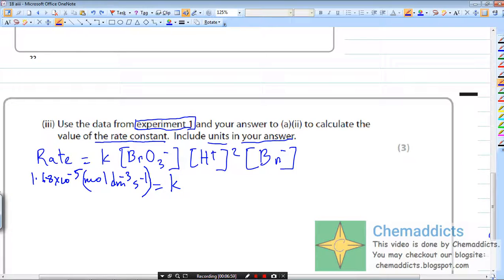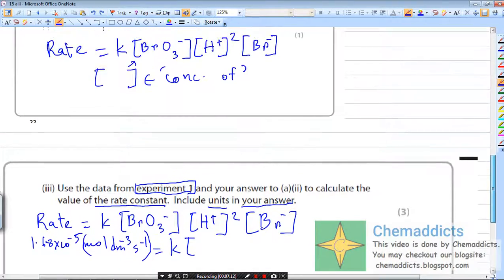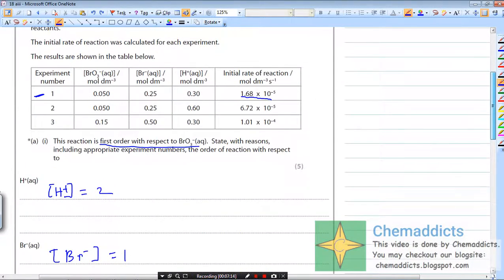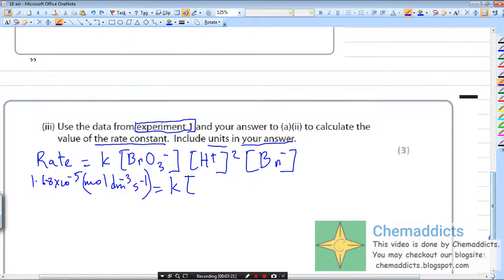Here k, and now we're gonna involve the concentrations. The concentration of bromate is 0.05 mole per dm cube.